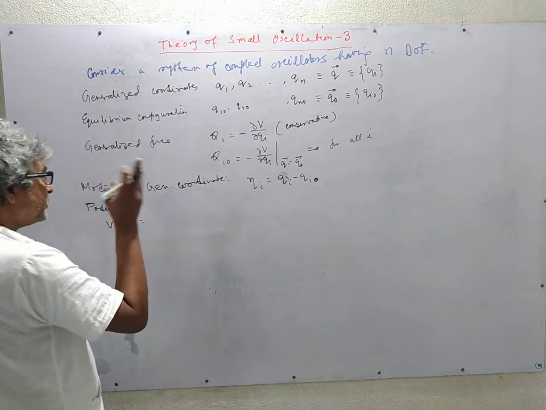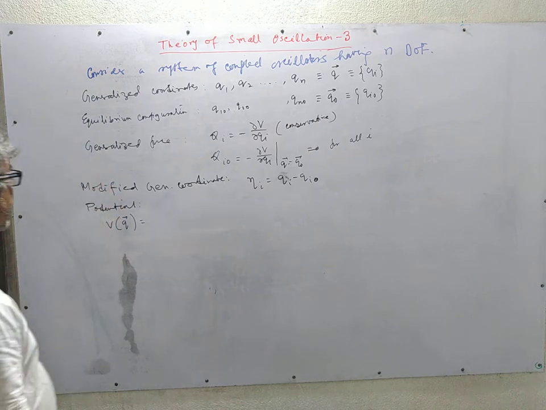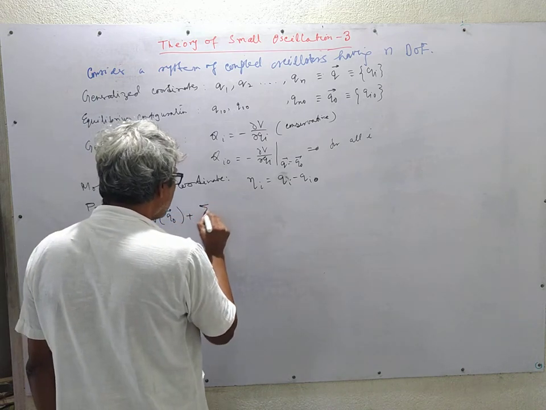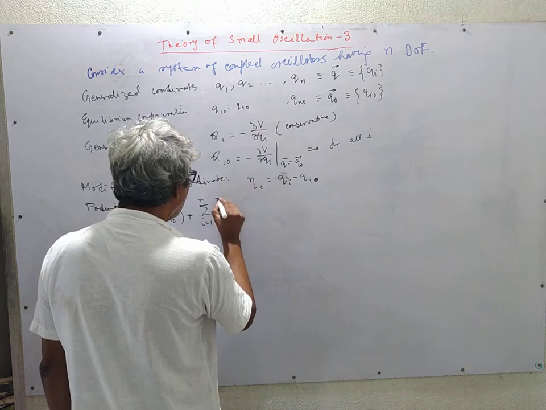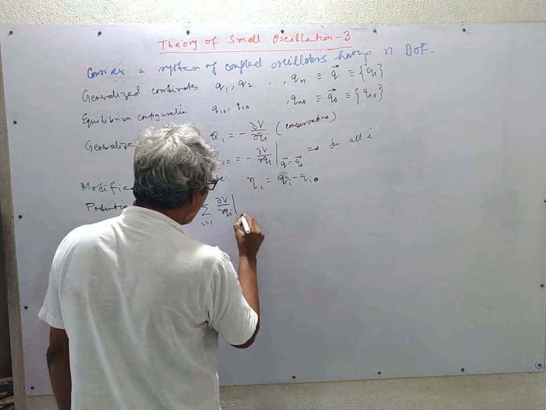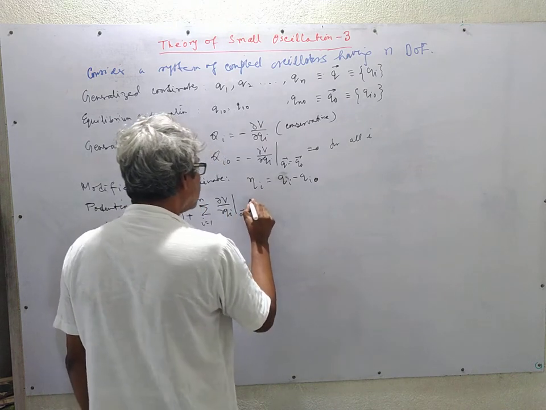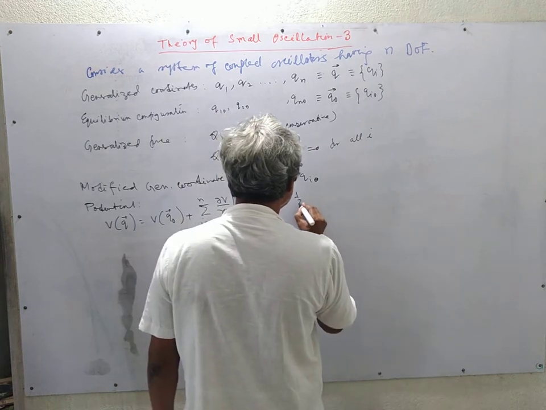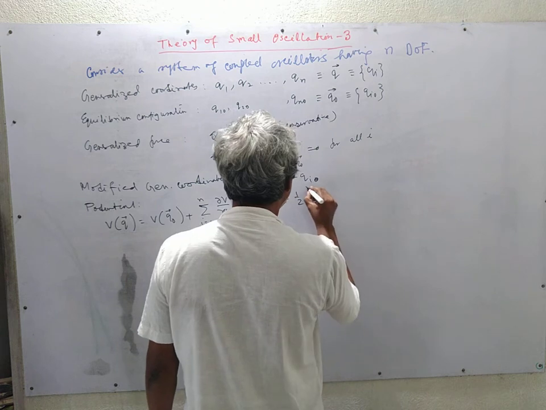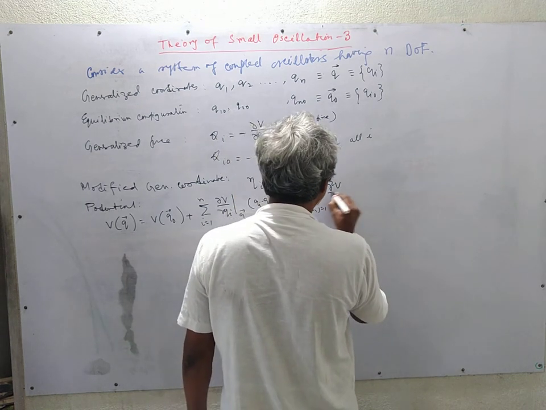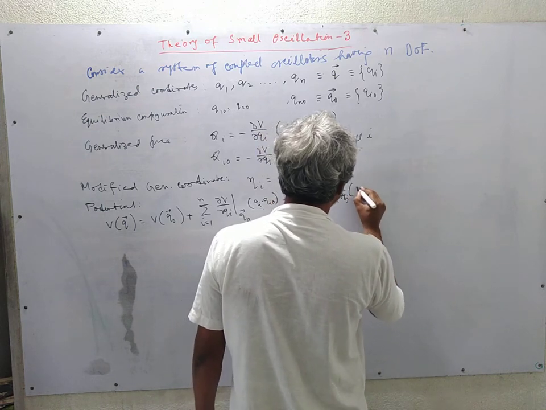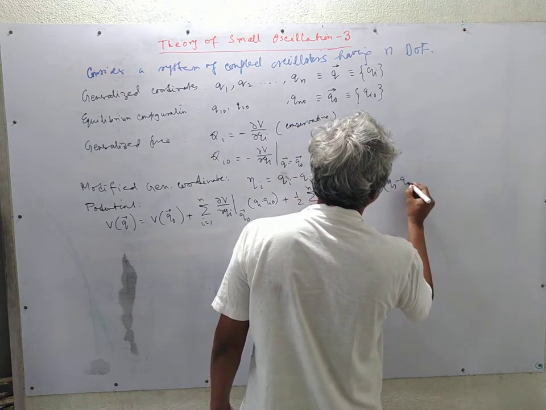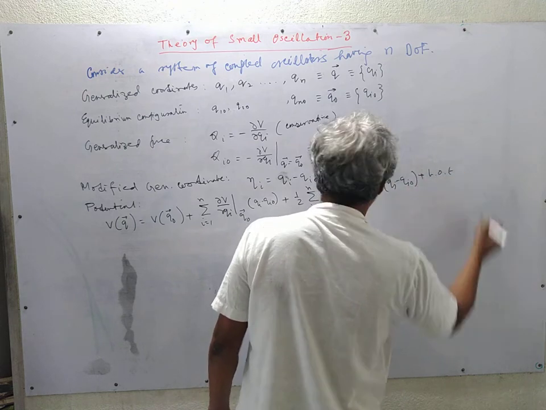We expand it in a Taylor series about the equilibrium configuration so that we write it as V of q0 plus summation over i is equal to 1 to n degrees of freedom, del V del qi evaluated at q0 times qi minus qi0, plus the second derivative terms, where i and j run from 1 to n, del 2V del qi del qj times qi minus qi0 times qj minus qj0, plus higher order terms.